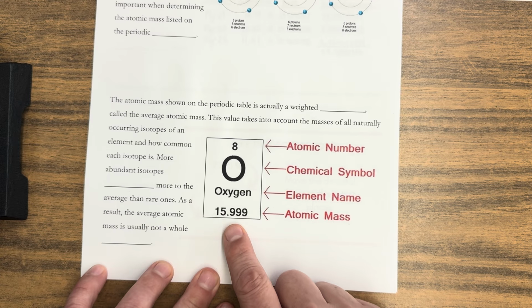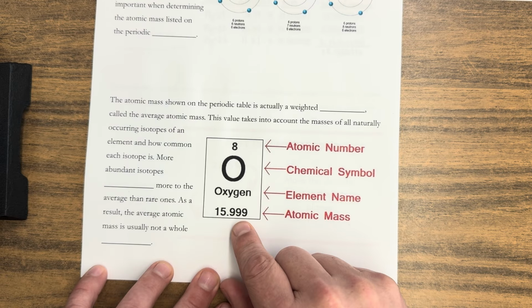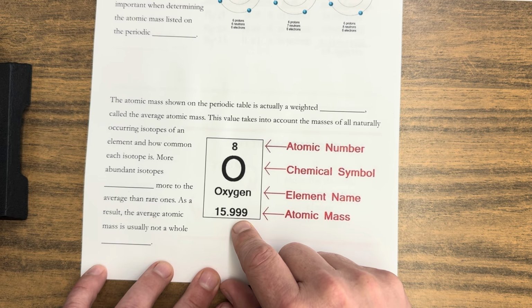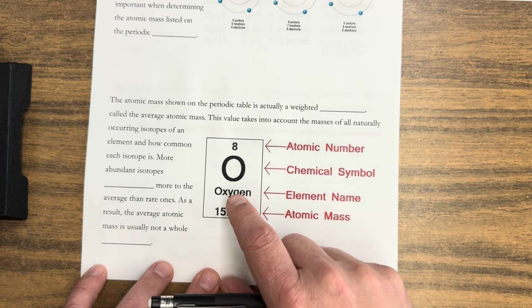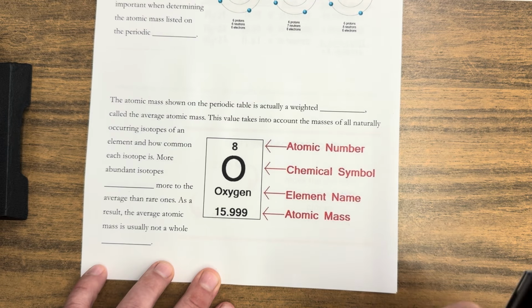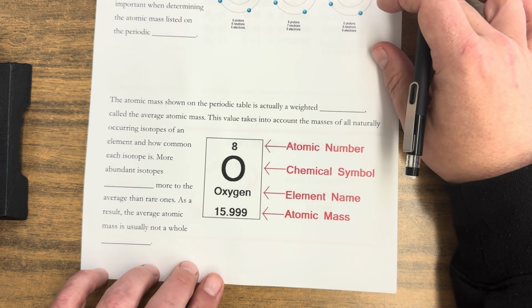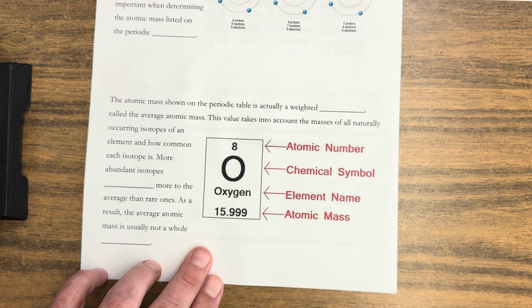So that's why you see down here we have an atomic mass of 15.999 for oxygen, when really how we were talking about it, it should be a mass of 16. But this atomic mass is going to be an average of all the isotopes. And I'm going to show you on the next page, quickly at least, how that's done.